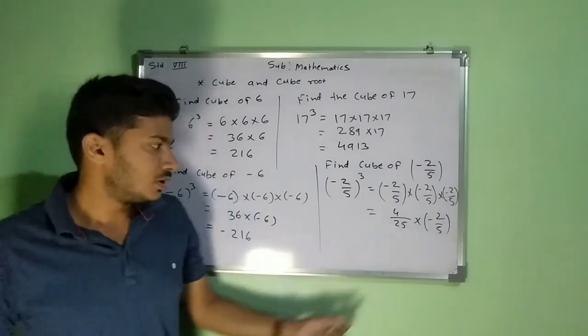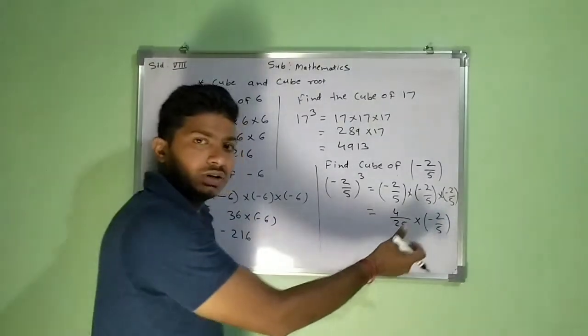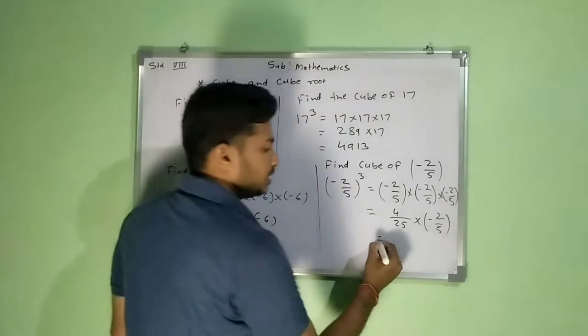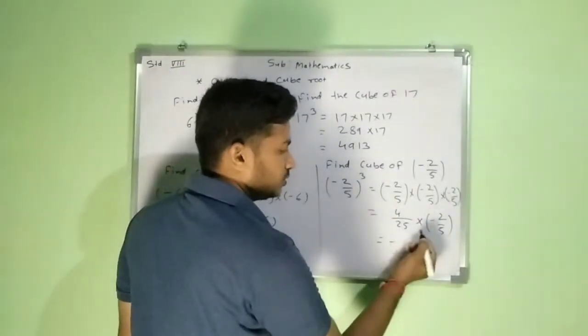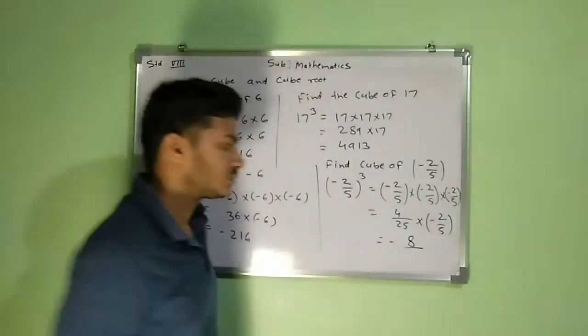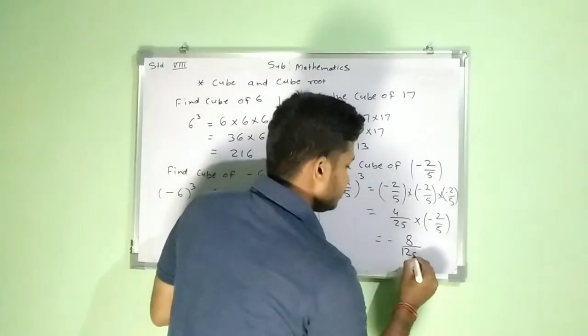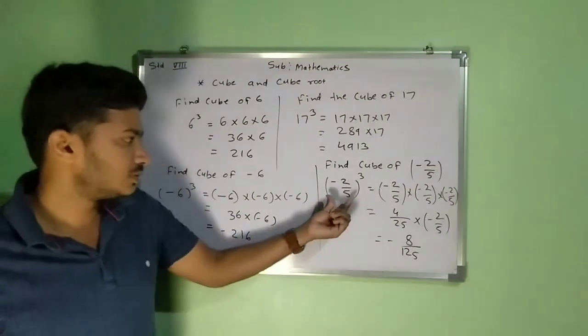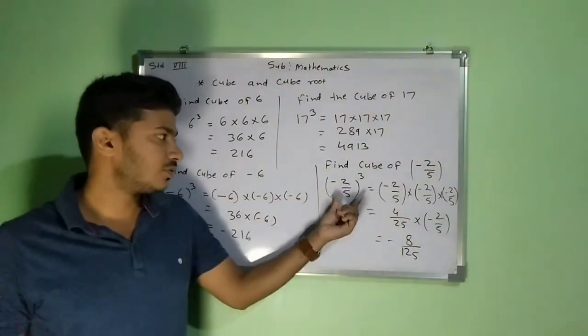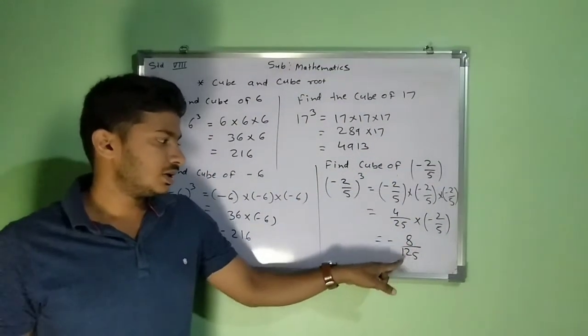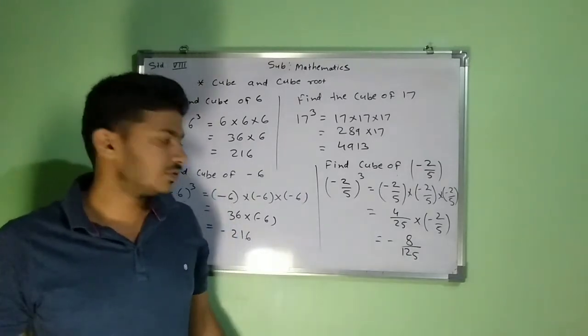The product of a negative number with a positive number is negative. So 4 into 2 is 8, upon 25 into 5, which is 125. So the cube of minus 2 upon 5 is minus 8 upon 125. This is how we have to find the cubes.